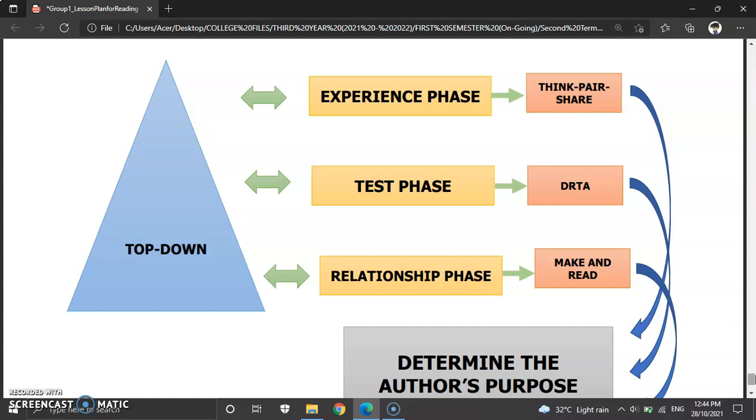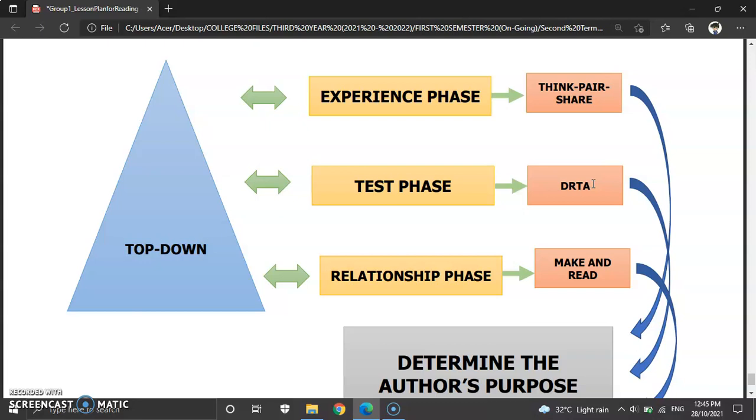And then in the reading, they will predict, out of what they read, whether it informs, entertains, or persuades. And then in the thinking part, they will confirm or refute whether their predictions are correct or wrong. So that is the text phase, or the during-reading part.